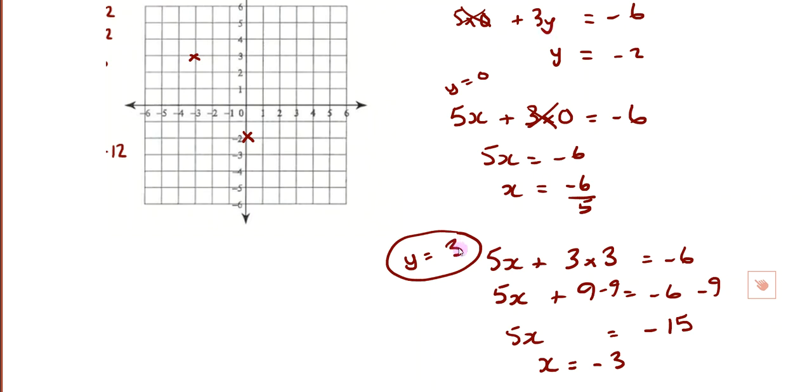If y is 3, I've got to do 3 times 3, which is 9. So I've got 5x plus 9 is -6. To solve that, like we did in our algebra unit, subtract 9 from both sides, which gets rid of it. Does that make sense? Alright, so we've got that point.